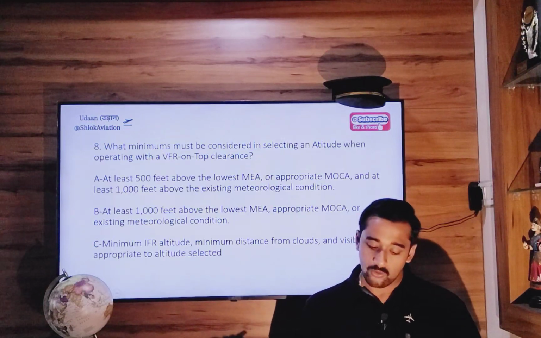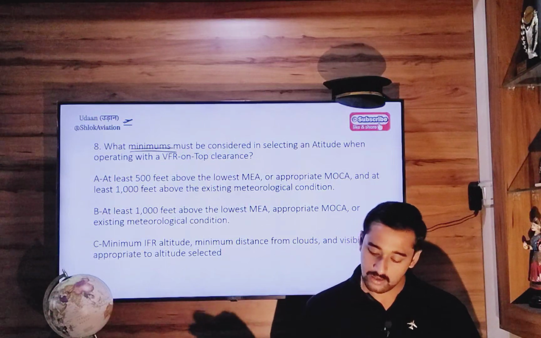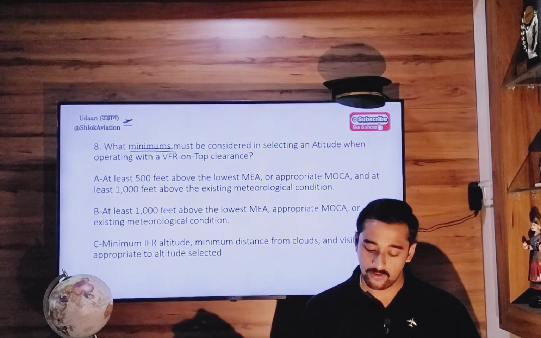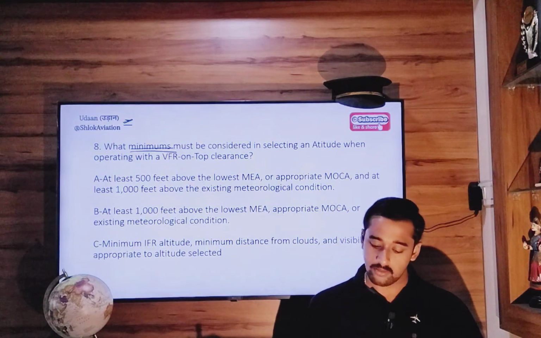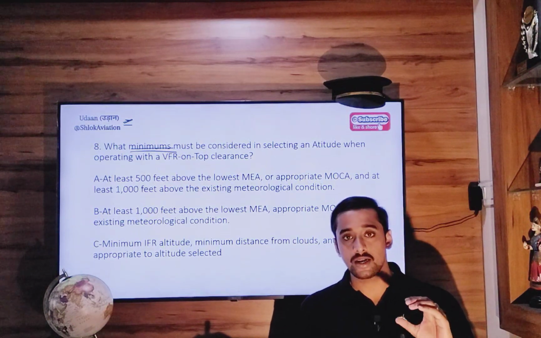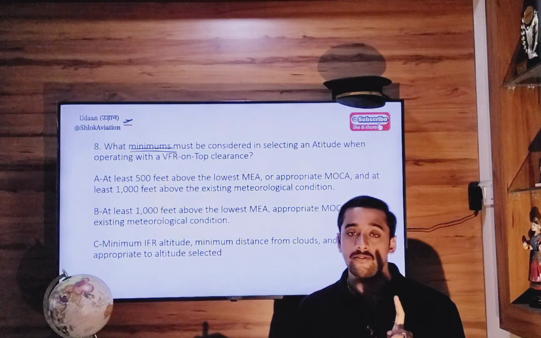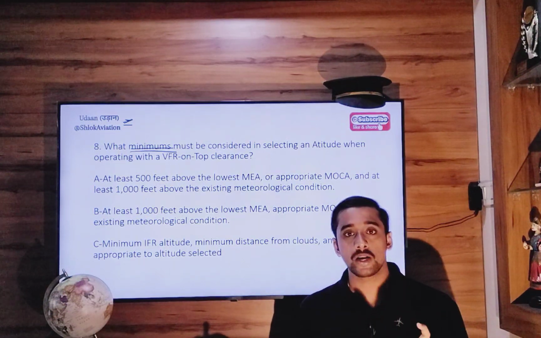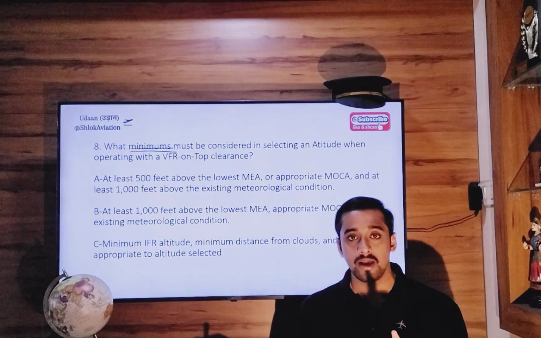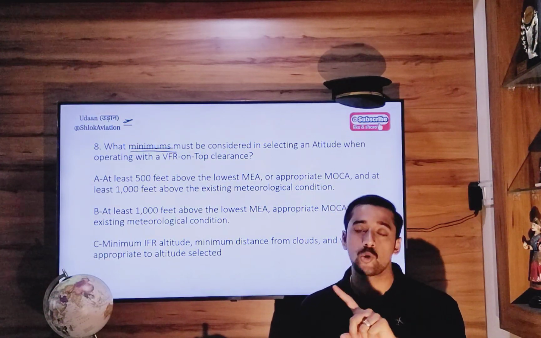Question 8. What minimums must be considered in selecting an altitude when operating with a VFR on top clearance? Like I said, if you are considering accepting a VFR on top clearance, you must fly at a VFR altitude, a VFR cruising altitude. That VFR cruising altitude will be based on the semicircular system, and you must also consider the minimum en route altitude for that portion of flight.